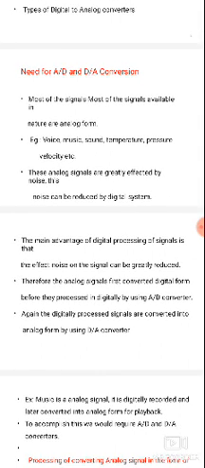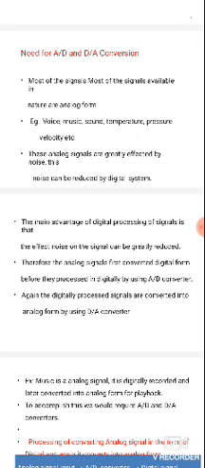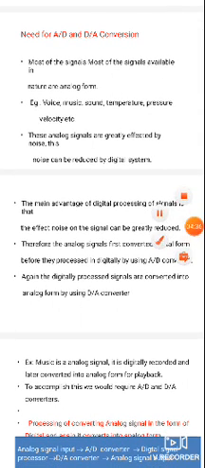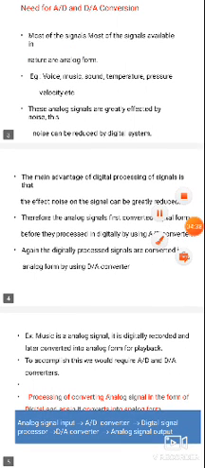General signals such as voice, music, sound, temperature, pressure, velocity are available in analog form only. The analog signals are greatly affected by noise, and the main disadvantage of analog signal is noise only. The analog signals are greatly affected by noise, and this can be reduced by a digital system.